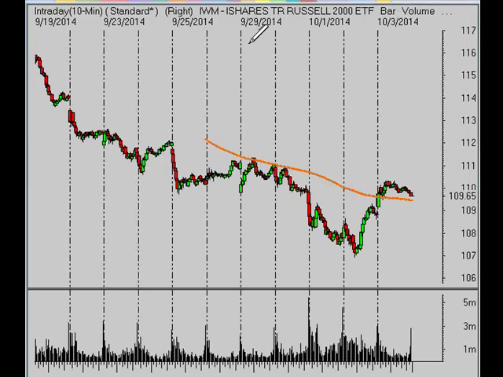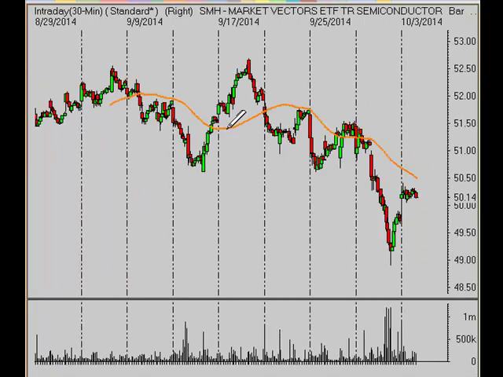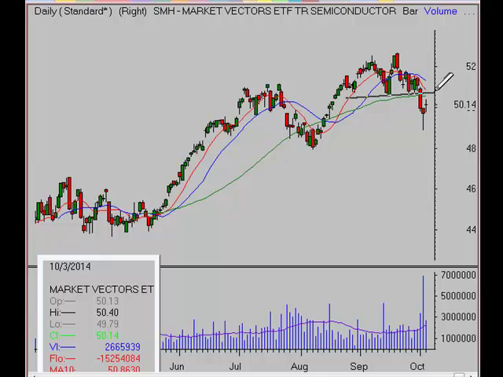On the 100,000, we had a decent bounce back, but for tomorrow, let's keep an eye on about 108.5. If we can stay above 108.5, then this market has a chance to show some more signs of stability. Semiconductors broke an important level as well and stayed below it at 50.5. That had been the bottom end of the range we were talking about and where the 50-day moving average was.